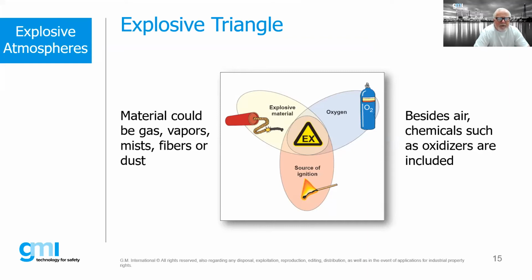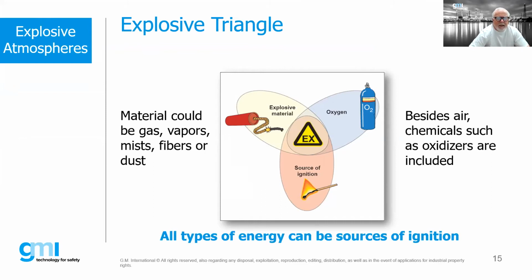So we usually have to focus our attention primarily on the source of ignition. The sources of ignition could be anything from electrical arcing and sparking, but there are other different sources of ignition that we really need to pay attention to, which we'll talk about. And again, all types of energy can be sources of ignition.